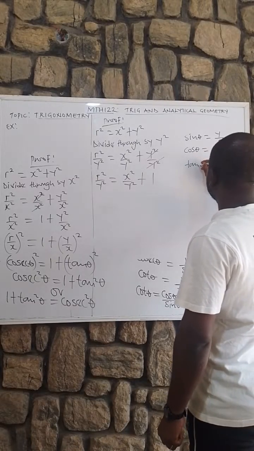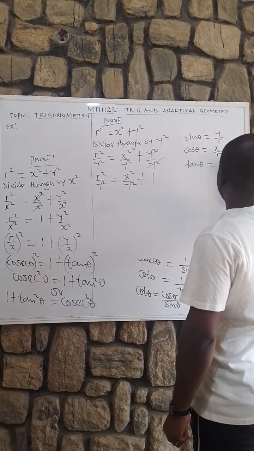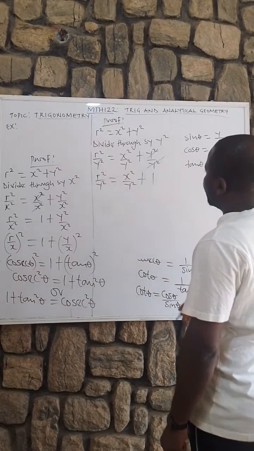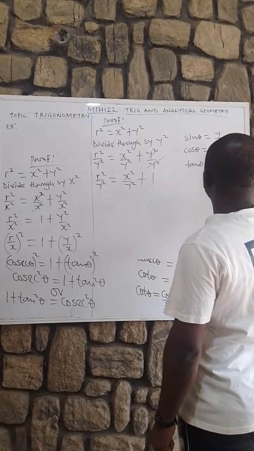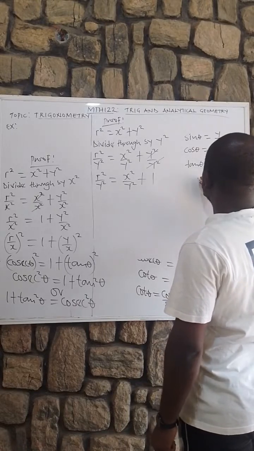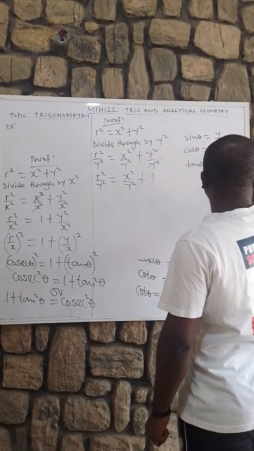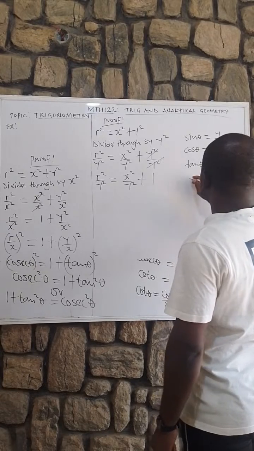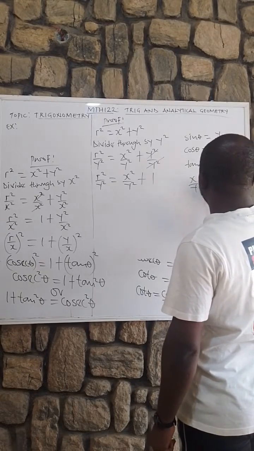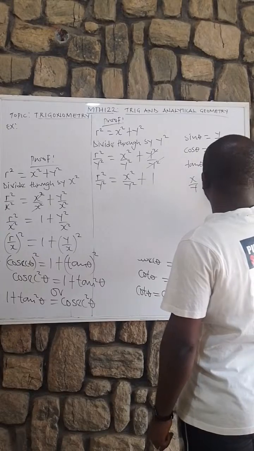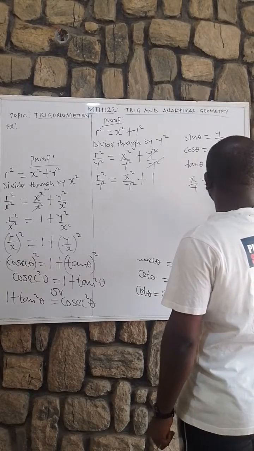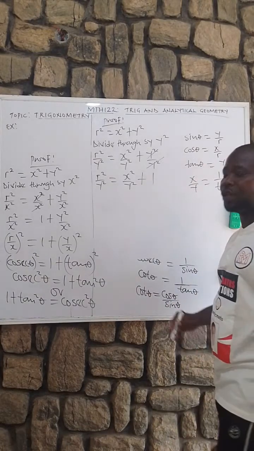Then tan theta is equals to y all over x. True or false? So if we have x all over y, it means this is tan inverse. True or false?